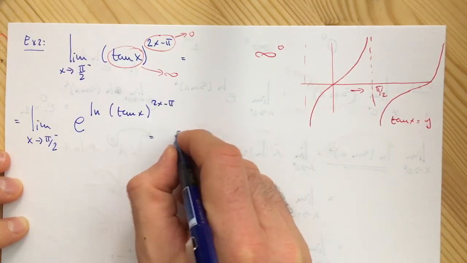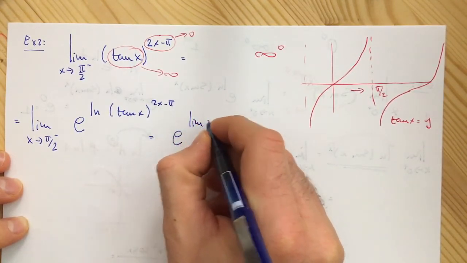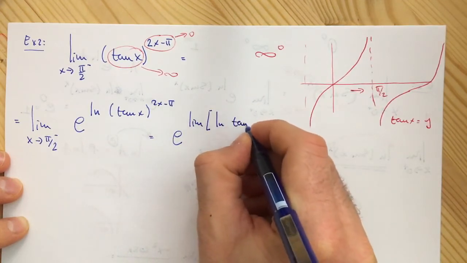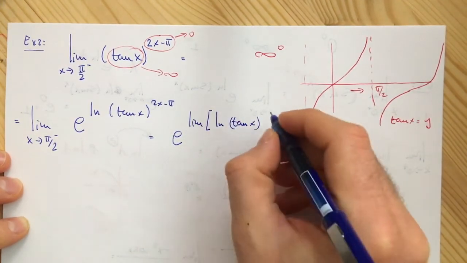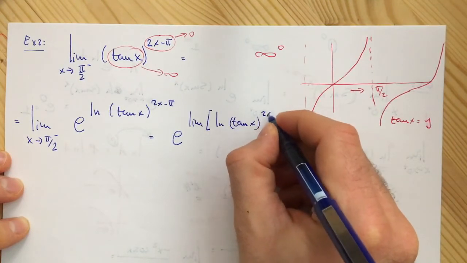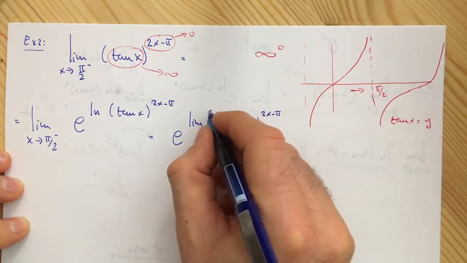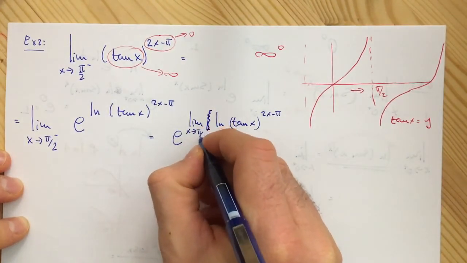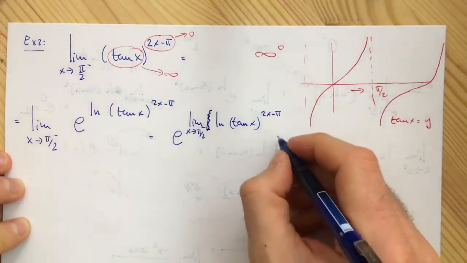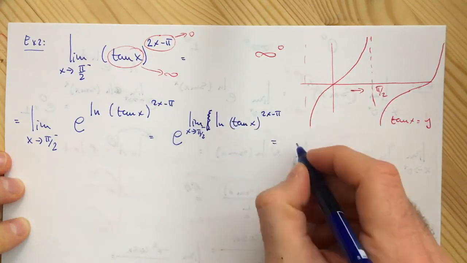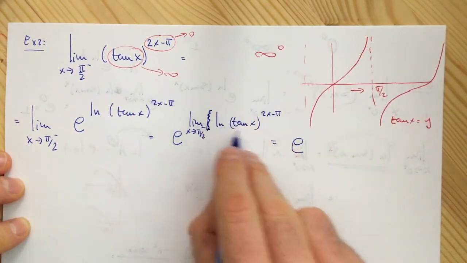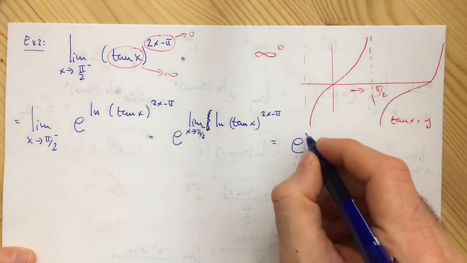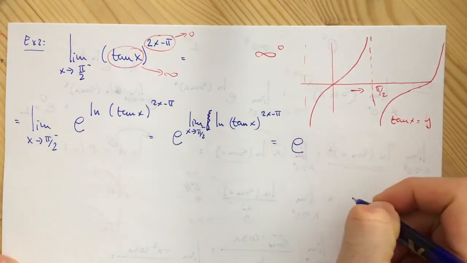And this is nothing else but e to the power of the limit of ln of tangent of x to the power of 2x minus pi, as x approaches pi over 2. So if I evaluate this limit, when this limit is going to converge to some number, I'm going to come back here and plug it in here and evaluate how much is that.